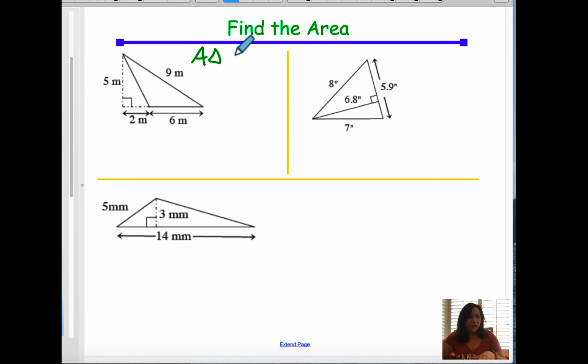Now for this shape, however, it's a little bit trickier because I don't have an actual height. And can I assume that it's a square? I can't, because first of all, I don't see 4 right angles. I don't see anything showing me that it's a square, no indication of that.